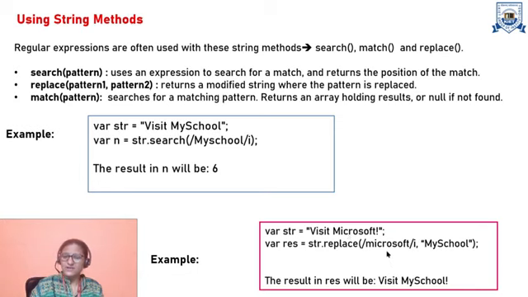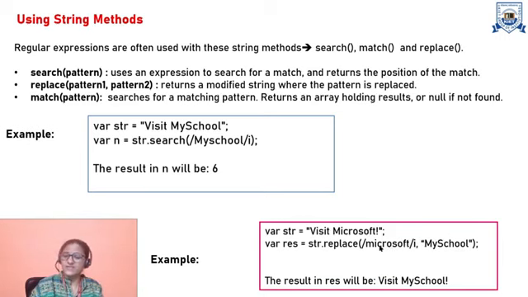So what is it doing? It is asked to first find this string Microsoft in str, and then after this comma, this is another pattern which will replace the original one.